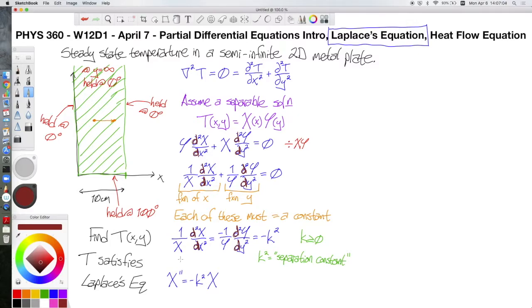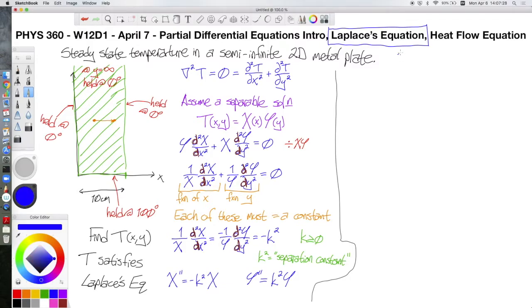So here, the primes next to the X just refer to derivatives with respect to little x. And then the equivalent expression for Y is Y double prime, with the prime standing for derivatives with respect to y, equals k squared times big Y. So these are equations we know how to solve, and we get the following solutions.